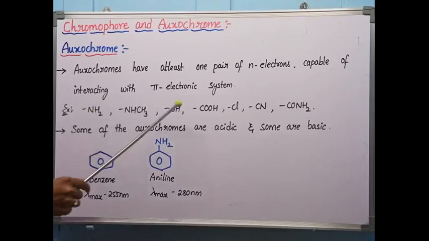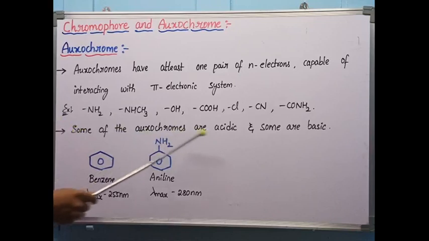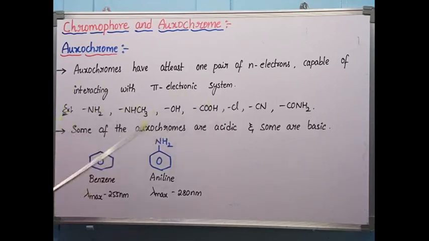All these groups have at least one pair of non-bonding electrons which can interact with the pi electron system. And some of the auxochromes can be acidic and some can be basic. You can observe that amines are basic in nature and acids are acidic in nature. So auxochromes can be acidic or basic.